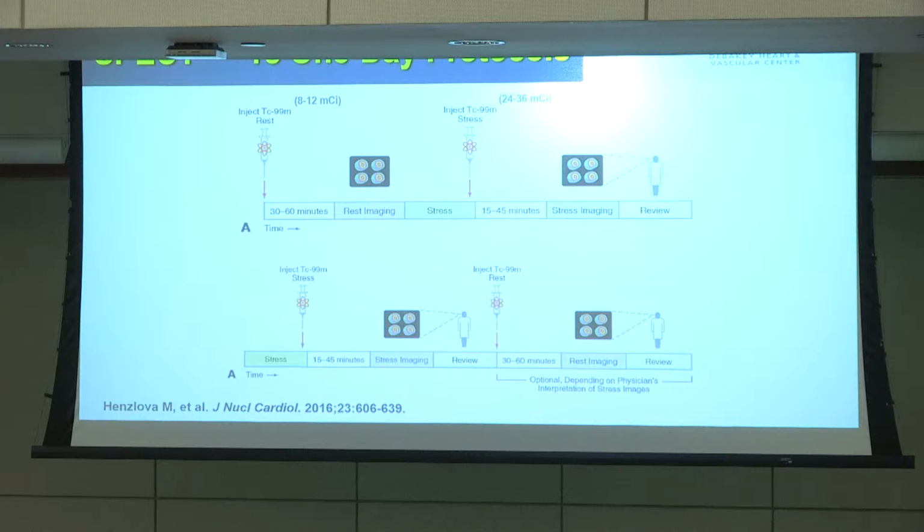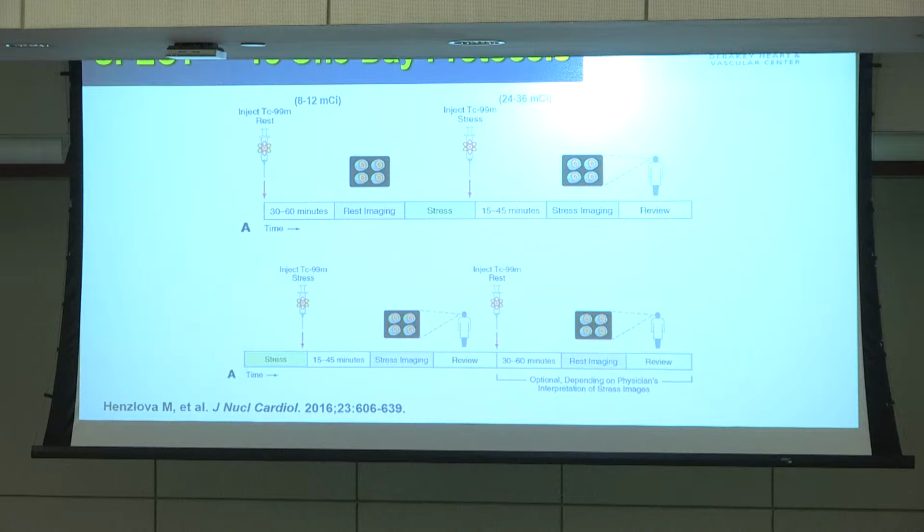So you start with the stress, and then if you need to, you can do the rest. The stress is going to be the lower dose, so the images are a little grainier, and then the rest will be the higher dose. The second one is always going to be the higher dose.